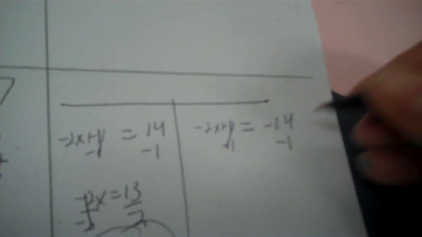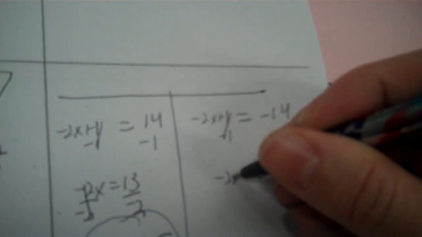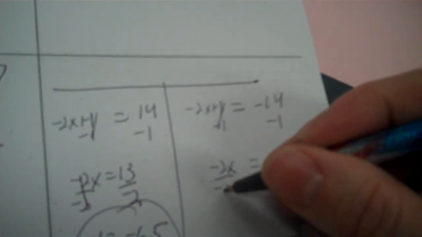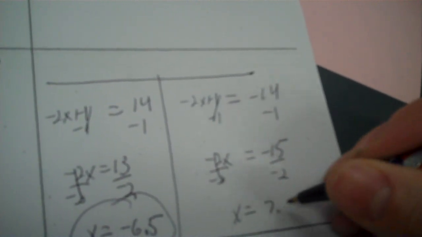Now I'm minus 1. Negative 14 minus 1 is negative 15, and then negative 2x. Then you divide by negative 2, and that's going to be 7.5. Okay, we're going to keep this rolling here.